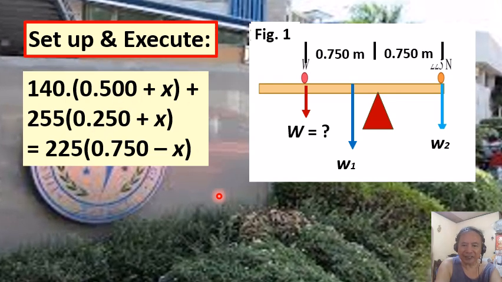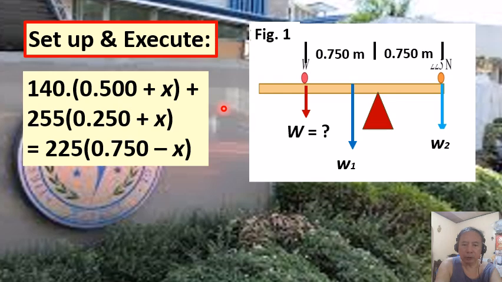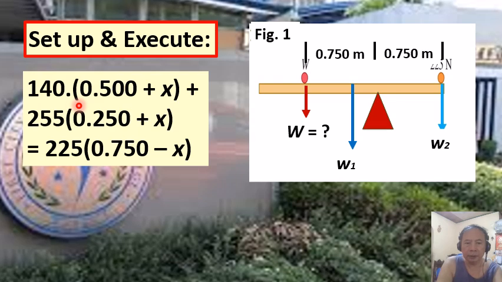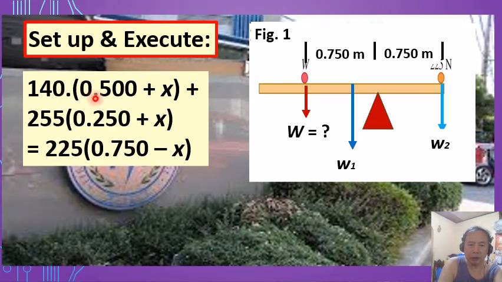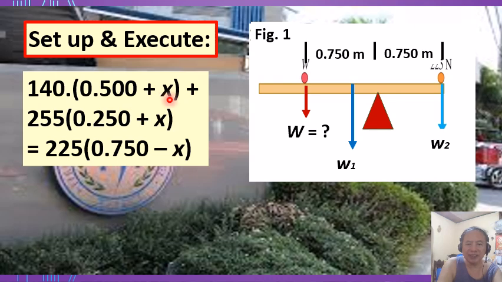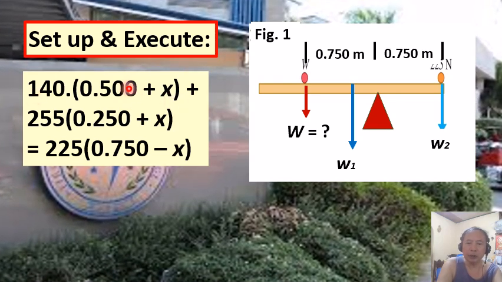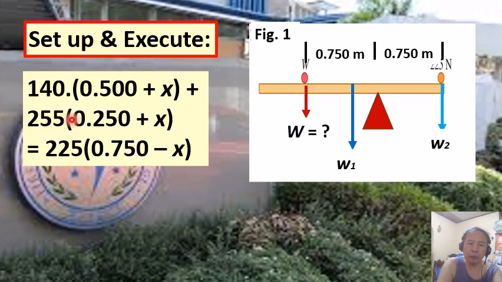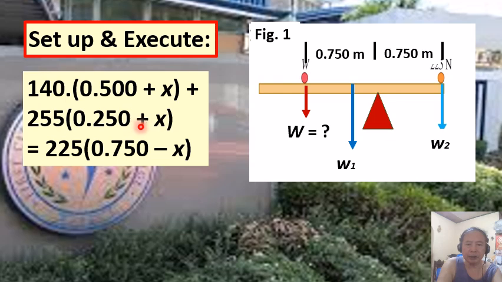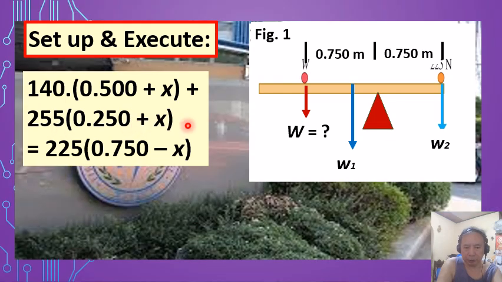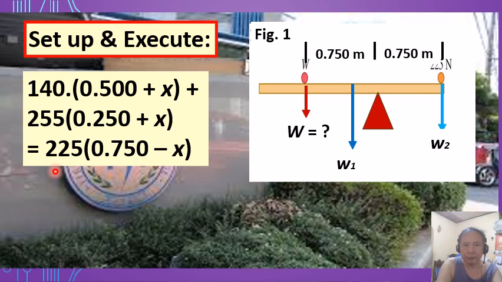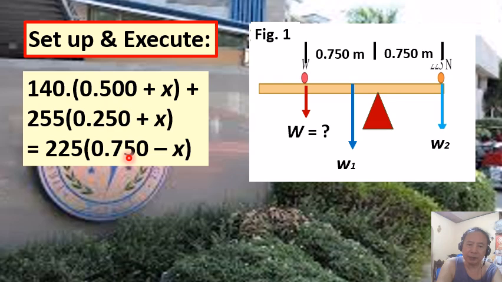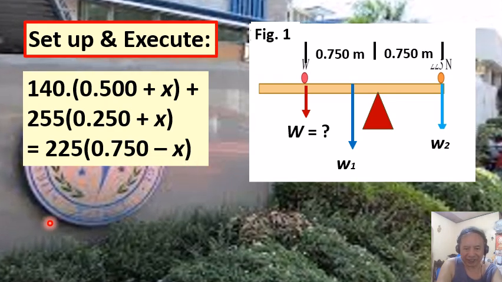The torque principle requires that the sum of torque number 1 and torque number 2, that is 140 point Newton multiplied by quantity 0.500 meters plus x, that's torque number 1, and 255 newtons multiplied by quantity 0.250 meters plus x, that's torque number 2, must be equal to torque number 3, or 225 newtons multiplied by quantity 0.750 meters minus x.